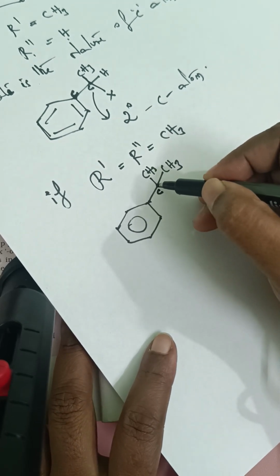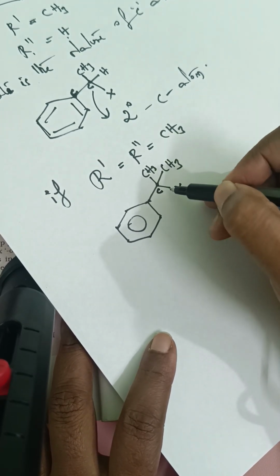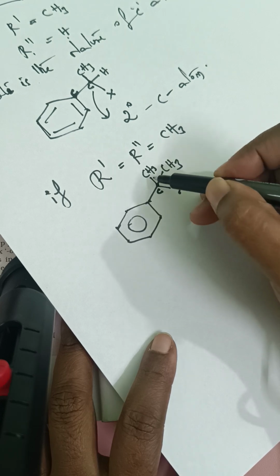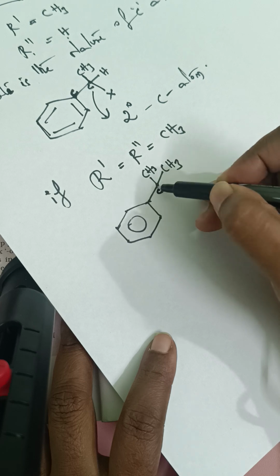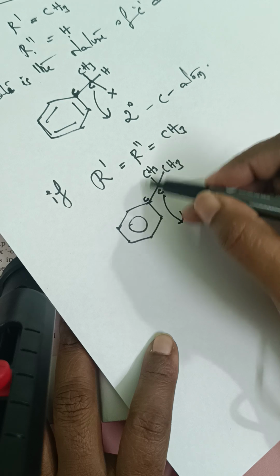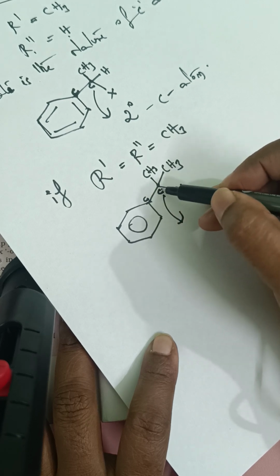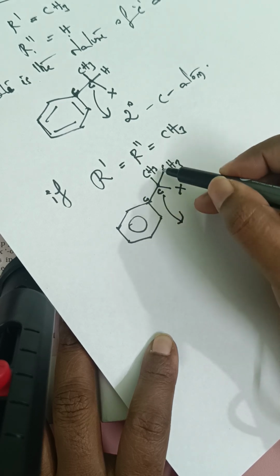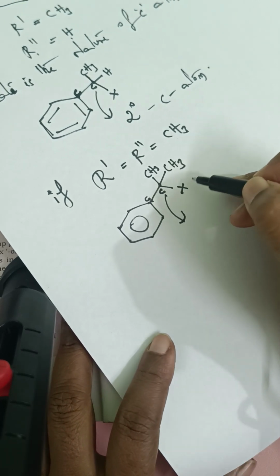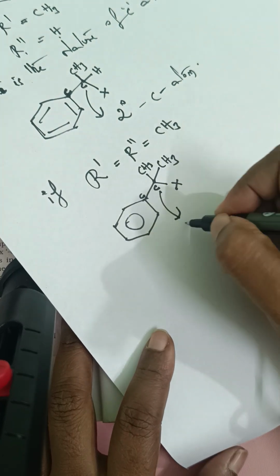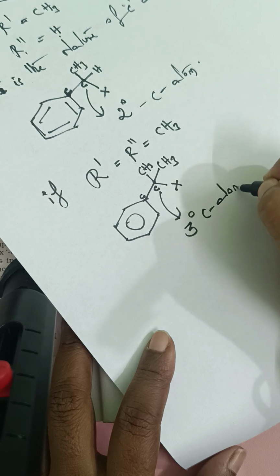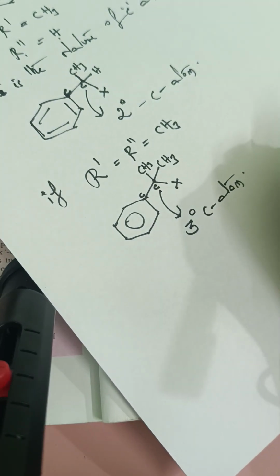The carbon atom bearing the halogen atom has this one, this two and this three. So this carbon atom has three carbons directly bonded to the carbon which has the halogen group. So this will be termed as the tertiary carbon atom.